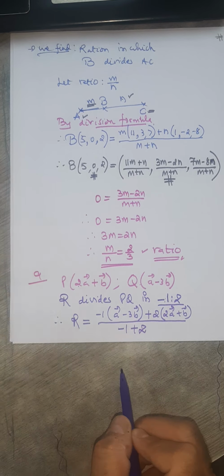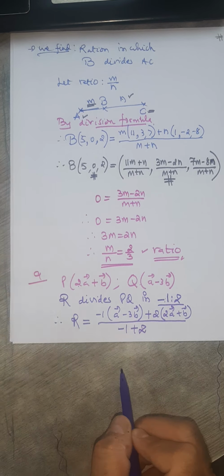You have upon 1 here, minus A plus 4A, so it is 3A. 2B plus 3B, which is 5B. So this is the position vector of R. What's the position vector of R here? 3A plus 5B. So finally, the position vector of R equals 3A plus 5B.